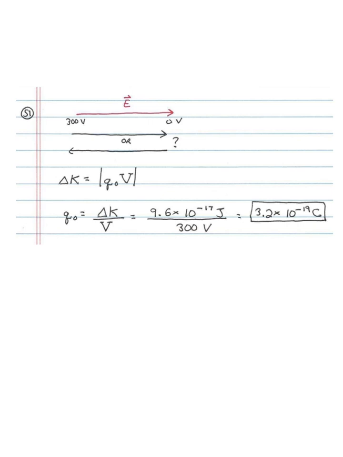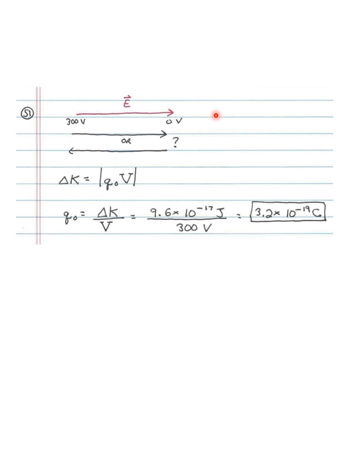So I start to draw a picture, and it says in the problem that it passes through a potential difference. And we can infer mildly that it's going up from 0 to 300 volts. That's a difference of 300 volts.